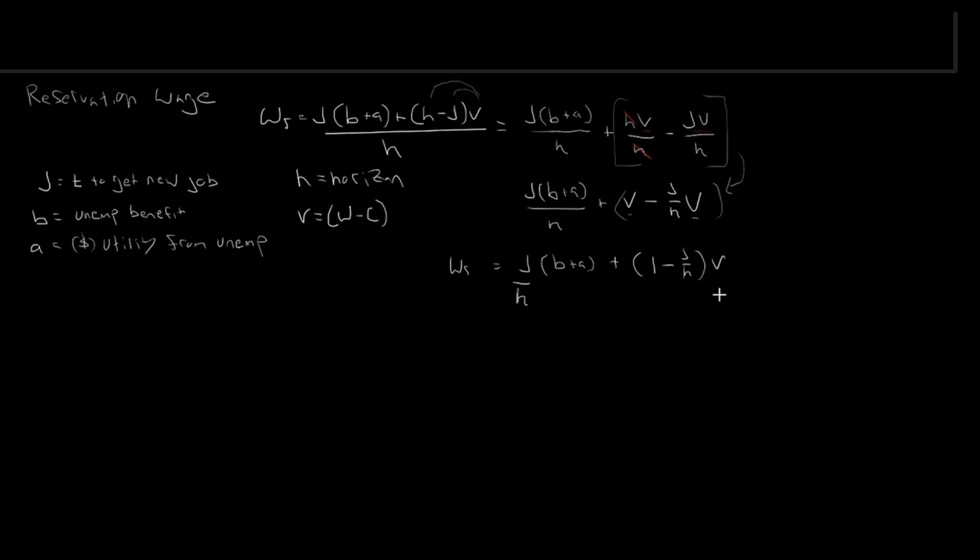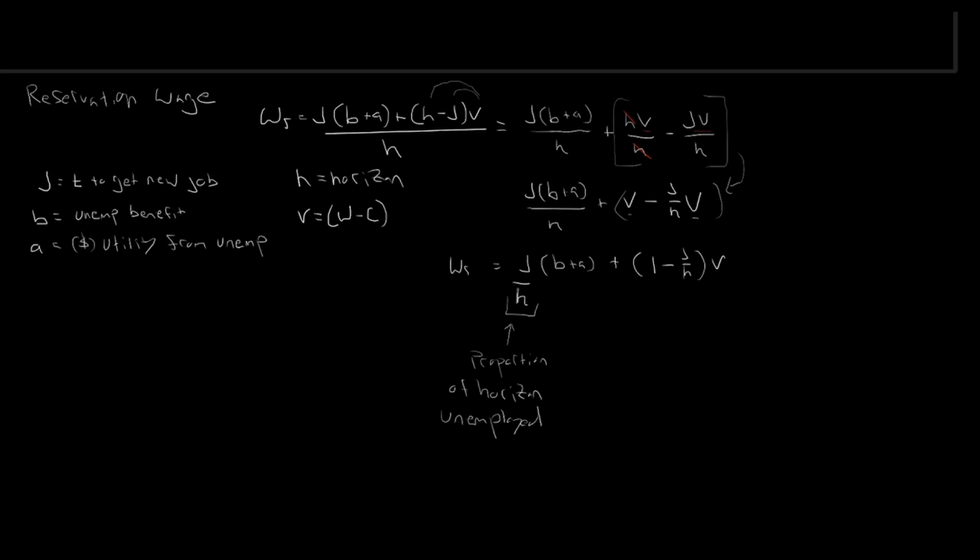Let's talk about what this actually means now. What are each of these components? Well, again, J is the amount of time to get a new job. H is your planning horizon, the amount of time period that you are considering this under. So JH is the proportion of your horizon that you expect to be unemployed.